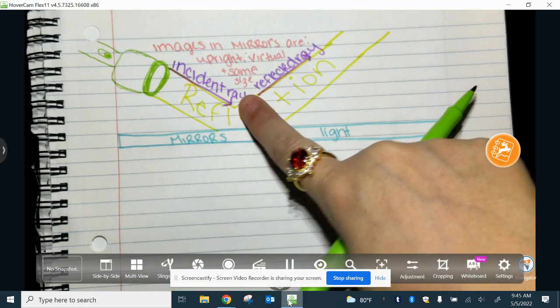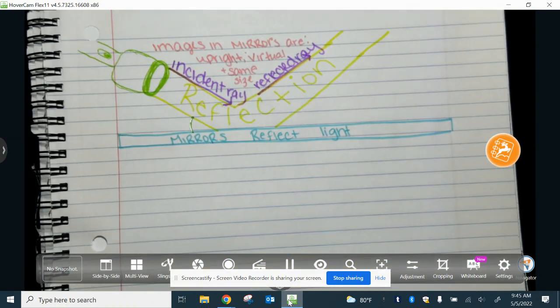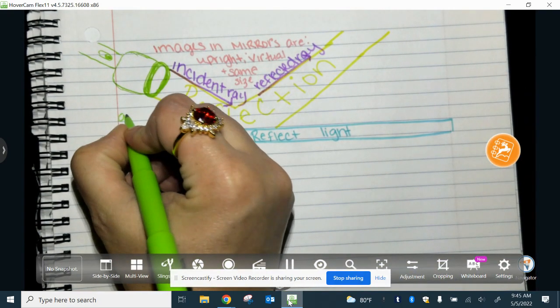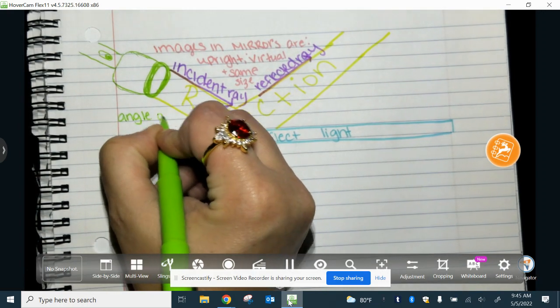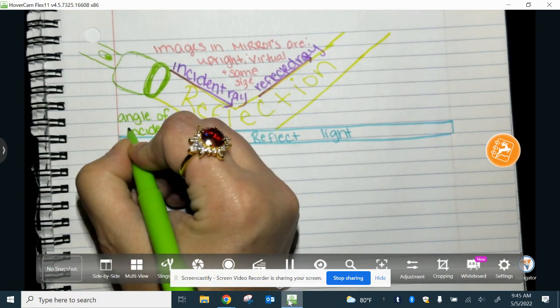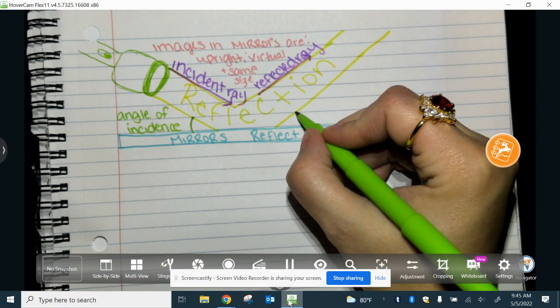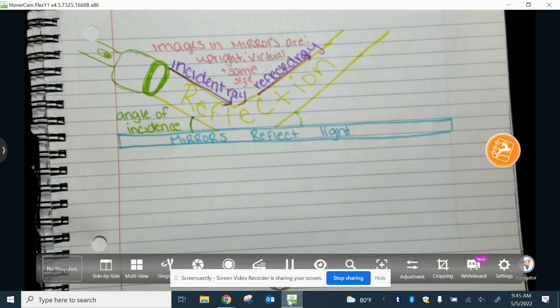Okay, so we have my incident ray, we have my reflected ray. That angle that the incident ray hits the mirror is my angle of incidence. And conveniently enough, the angle it's reflected is called my angle of reflection.